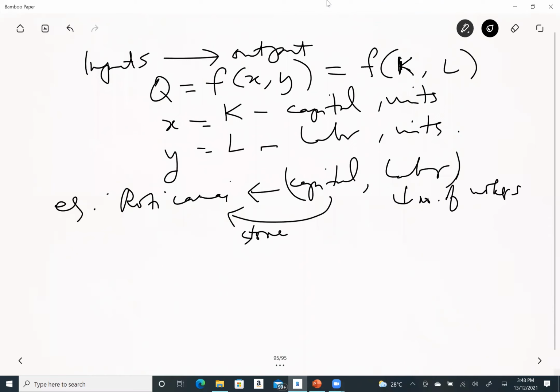So you combine the number of workers and the number of stoves, then we produce roti canai. Now suppose I have one stove, 1 unit, and 1 unit of worker. What he does, he has to do 2 things.